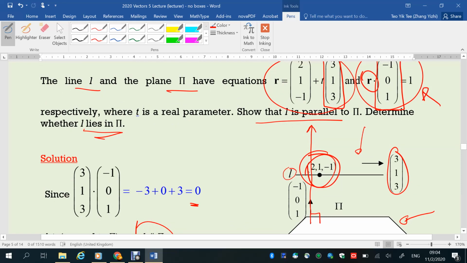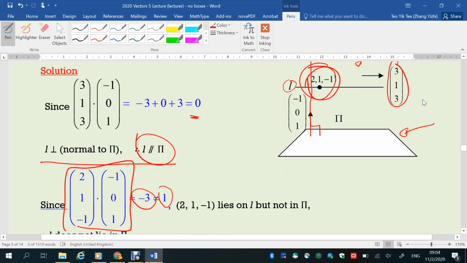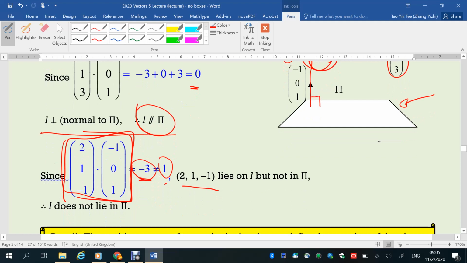But on the left hand side, I get minus 3. Does not equal 1, so it concludes that 2, 1, minus 1 is not on the plane. Okay, it's on the line but not on the plane. So very nicely, the line is 100% parallel to the plane, but the line is not lying on the plane.